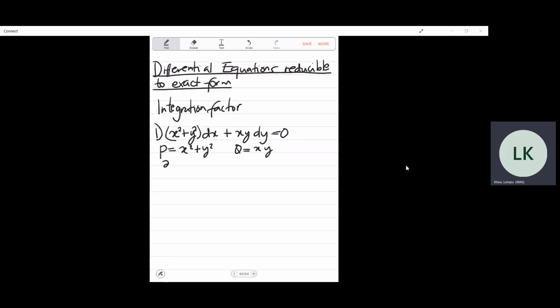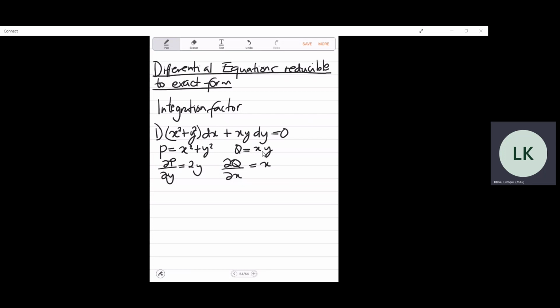We can see dP/dy is 2y, and dQ/dx is y. Clearly these two are not equal, so this differential equation is not exact, but we can find the integrating factor that we multiply by to make our differential equation exact.